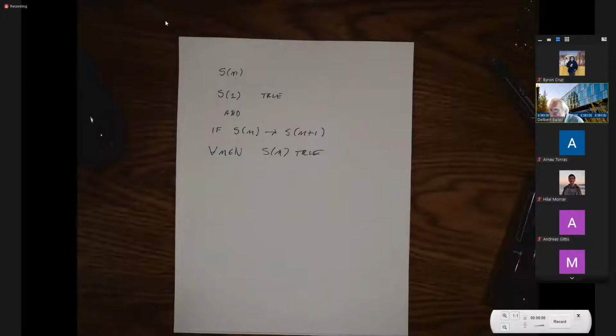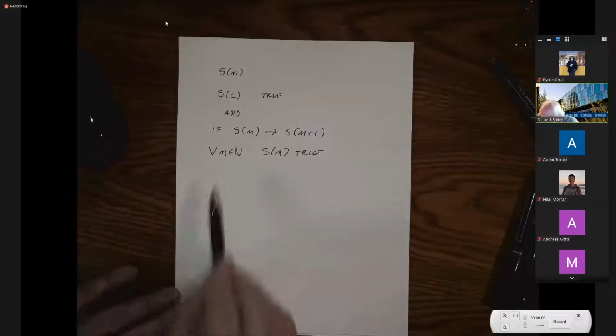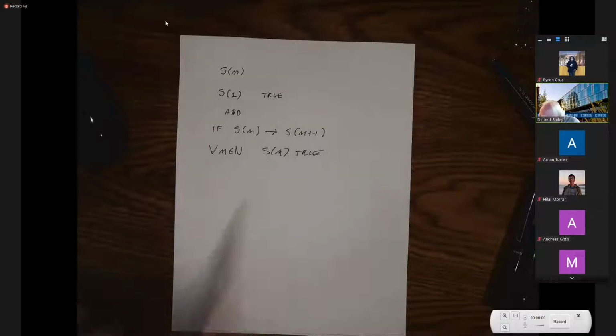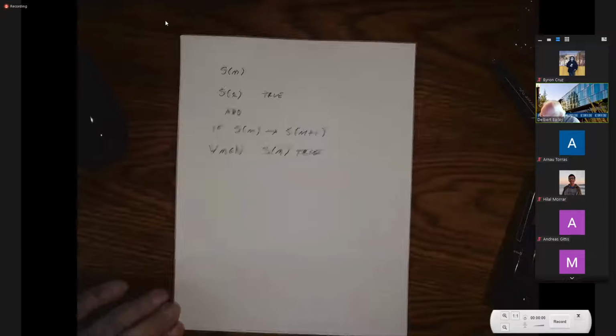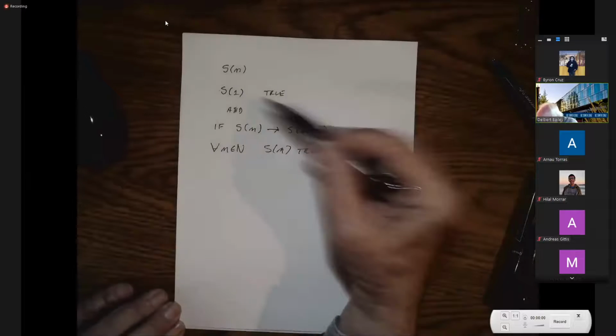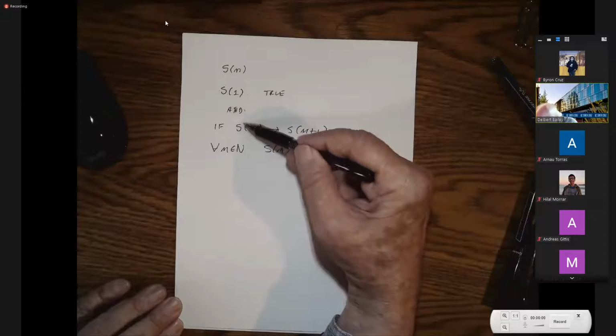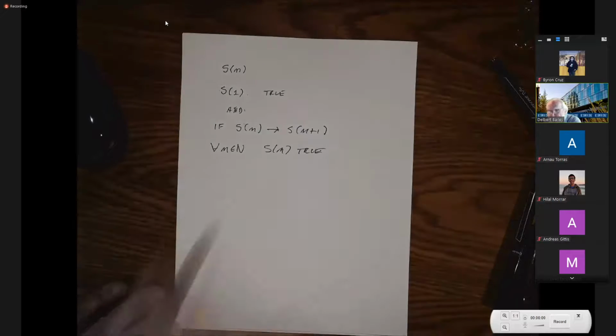Okay, maybe another thing to give you the feeling that this is a reasonable thing is notice that with this little format, we've shown a way that if you take any number and say, I want to prove that Sn is true for that particular number, then you could construct a proof where we show it's true for 1, and that implies 2, and that implies 3, until we get up to our number.